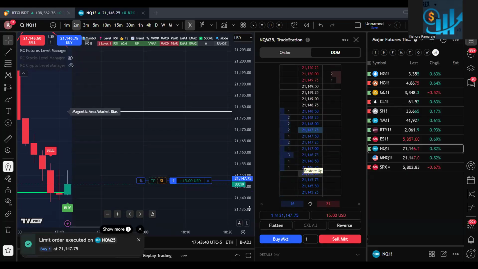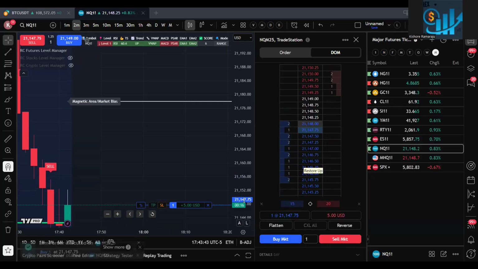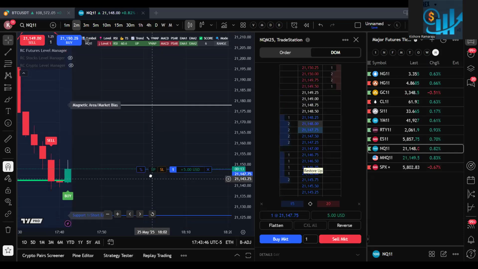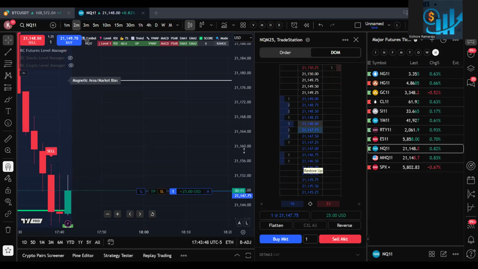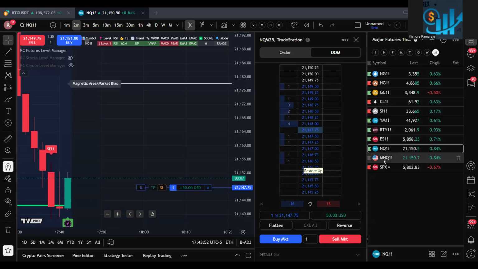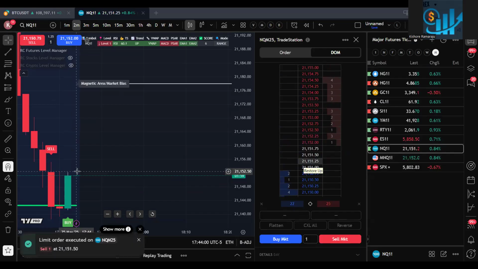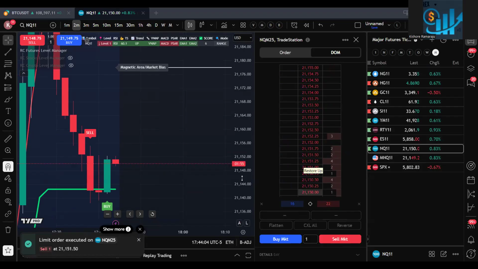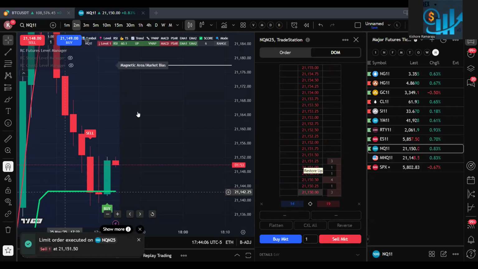We took long on NQ. It's nearly $70, $80 within 5 minutes.